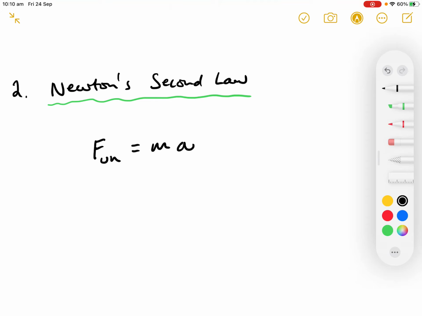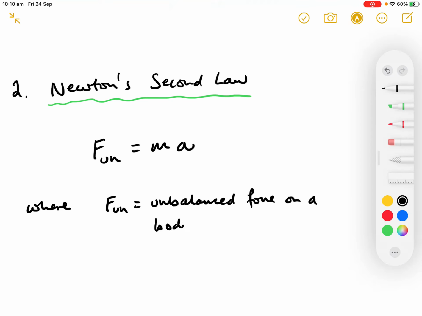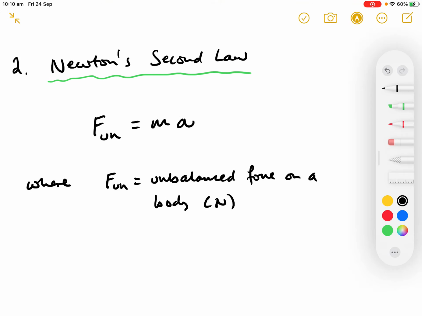So you state the equation, F unbalanced equals ma, but you need to say where F unbalanced equals the unbalanced force on a body in newtons. You must specify the unit.